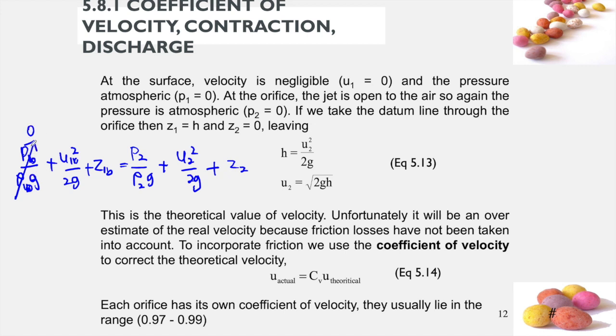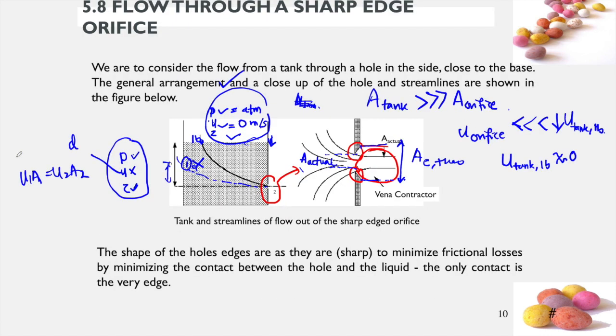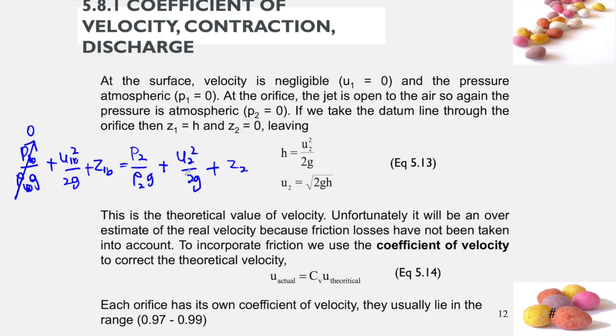That's why we are zeroing the pressure energy terms. Now take a look at pressure 2. This fluid will flow out to the atmosphere, and at point 2, the pressure is P atm. So P2 is P atm. Therefore, we can exclude this P2, zeroing it.